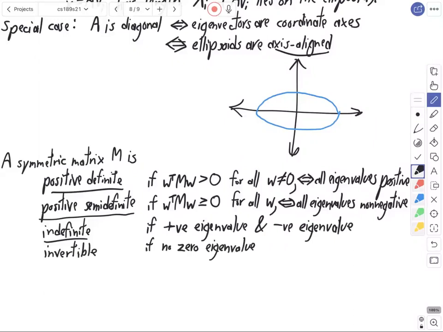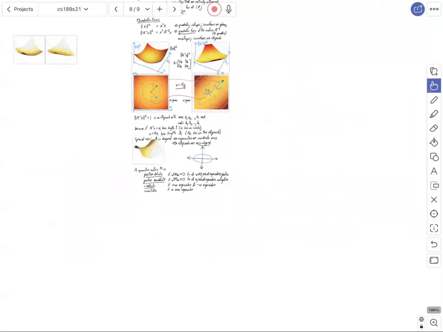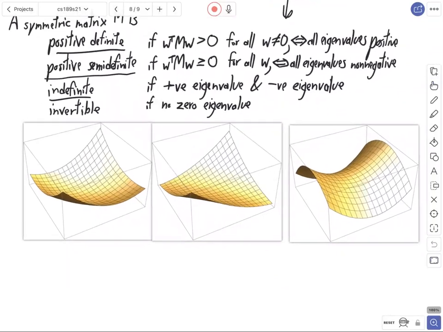Or to put it another way, they're not singular. And of course, this is something we always like to see visually. So let's put together some examples of these.